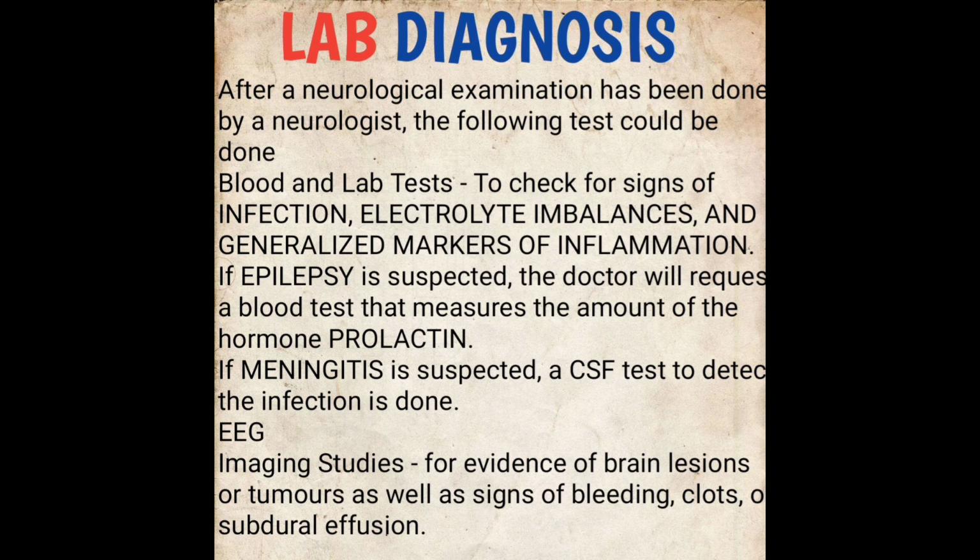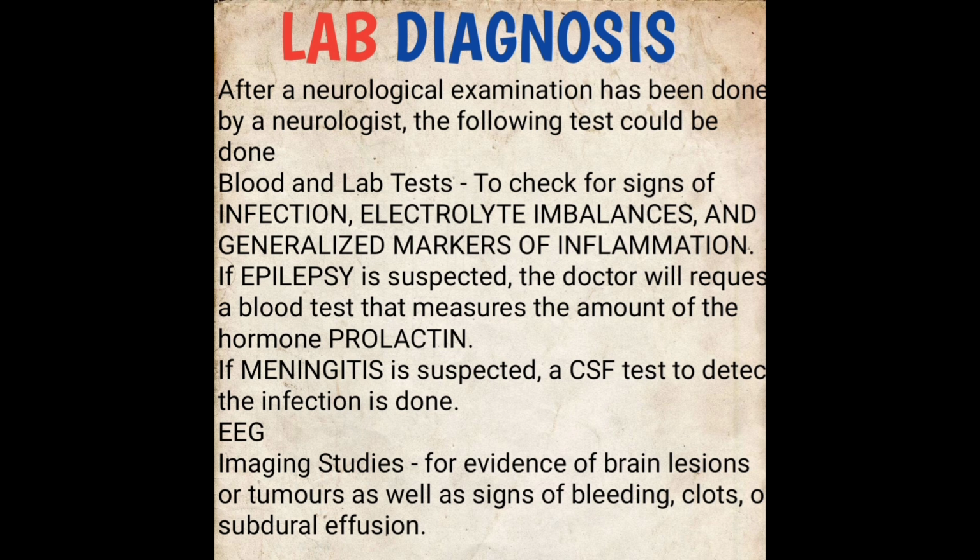Blood and lab tests, to check for signs of infection, electrolyte imbalance, and generalized markers of inflammation. So these are done. Hormonal tests are also done. And if the CSF is involved, that is, if it's meningitis that is affecting the brain, then the CSF will be studied for infection.